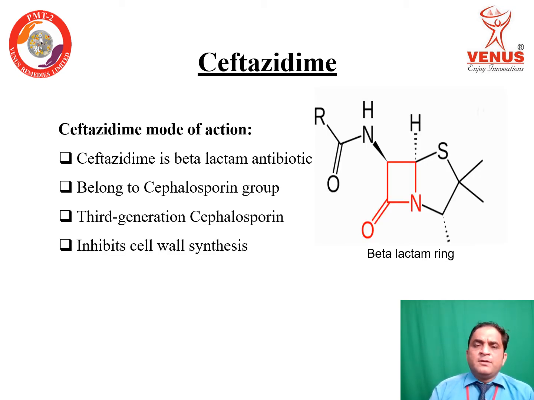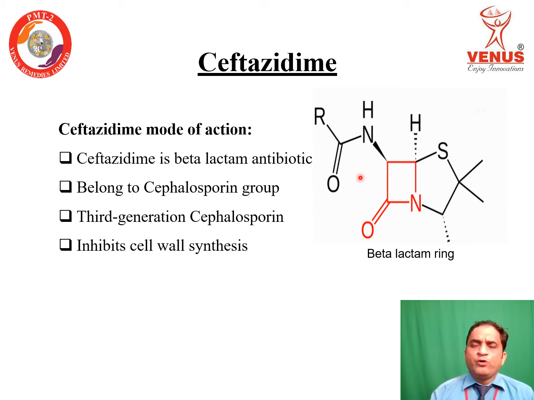Now ceftazidime mode of action. So dear friend, ceftazidime is a beta-lactam antibiotic, meaning an antibiotic which has a beta-lactam ring in its structure, and it belongs to the cephalosporin group.